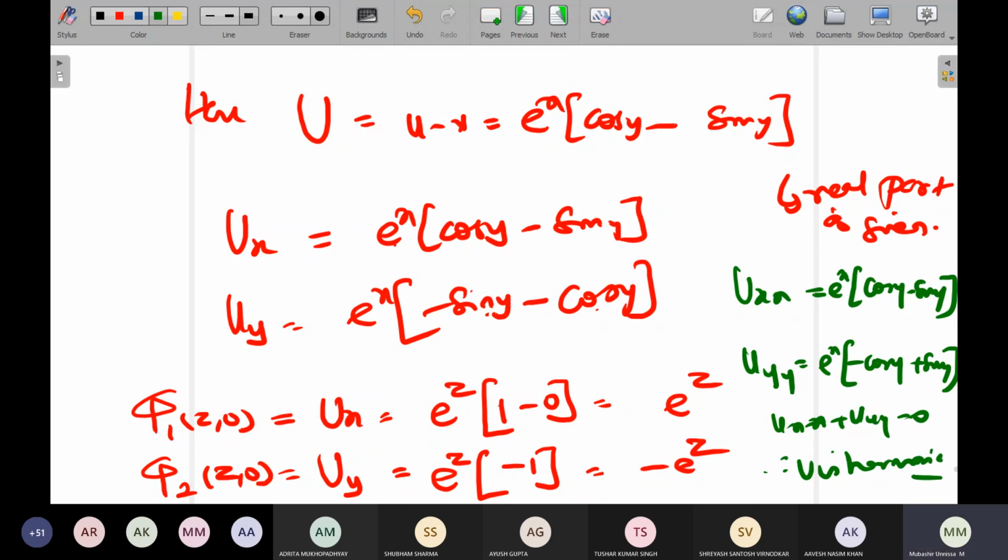U is harmonic. Similarly, they can even ask what? Find its harmonic conjugate. Can anyone find out the harmonic conjugate for this problem and tell me?